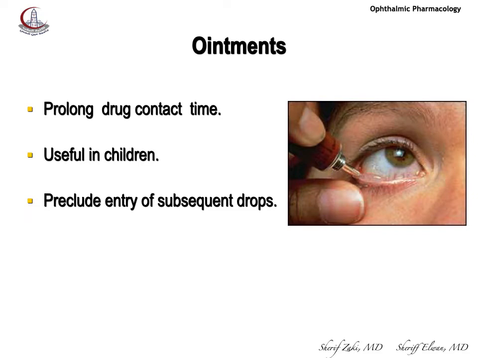This preparation in itself prolongs drug contact time with the surface of the eye and therefore is useful in children. You don't have to instill irritant eye drops to the child so many times, creating resistance. And you should know that the administration of an ointment may preclude entry of subsequent eye drops.